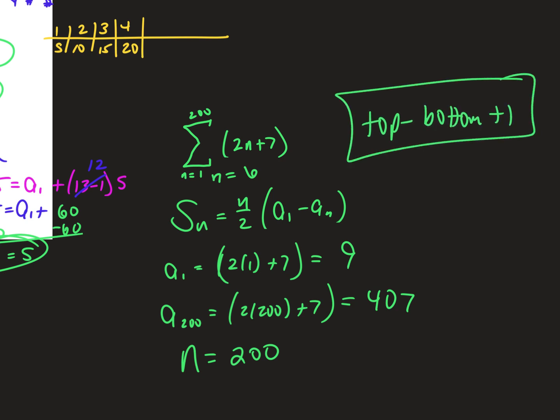I'm going to say it a million times. So you would take the top number, 200, minus 6, and then add 1. I'll do a couple of those with you tomorrow. As long as it starts with 1, you're fine. The top number is how many numbers you have.